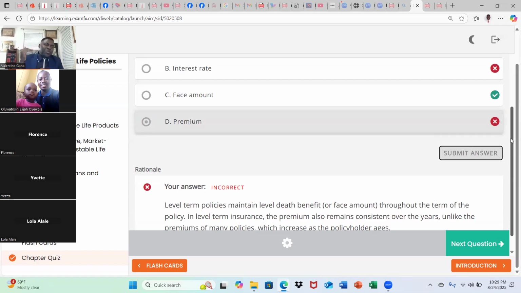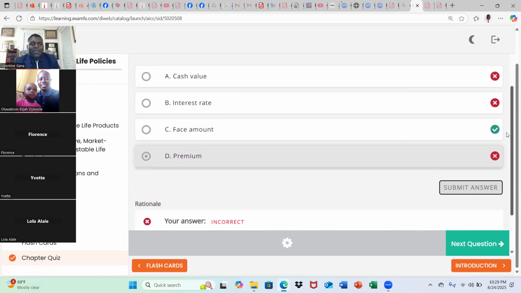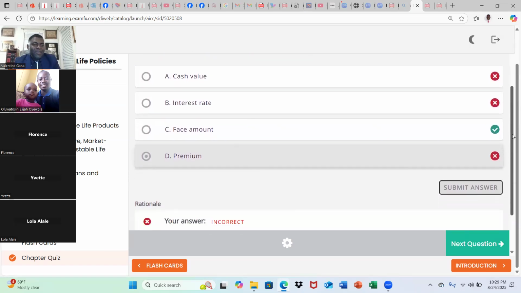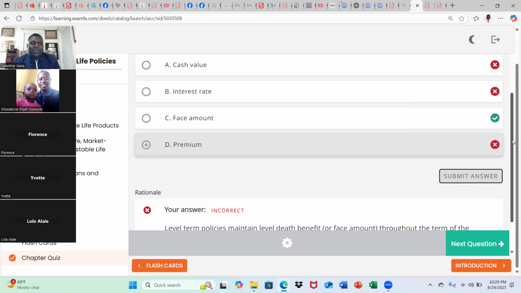Term has a level premium and a level death benefit. So I don't know where they get their conclusion to say level refers to the premium. Yeah. So what's the answer? Face amount. Correct. So you just have to cram that it is face amount.